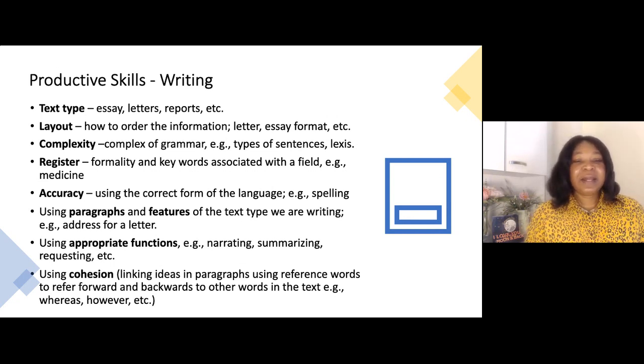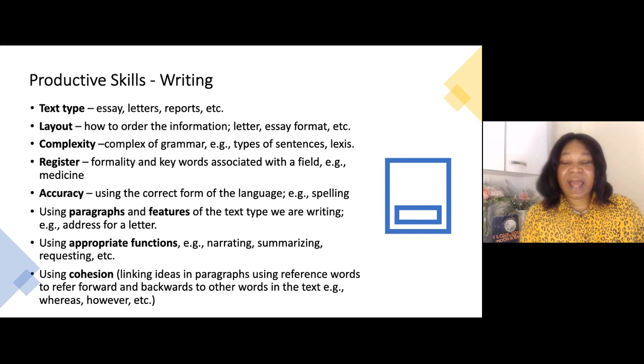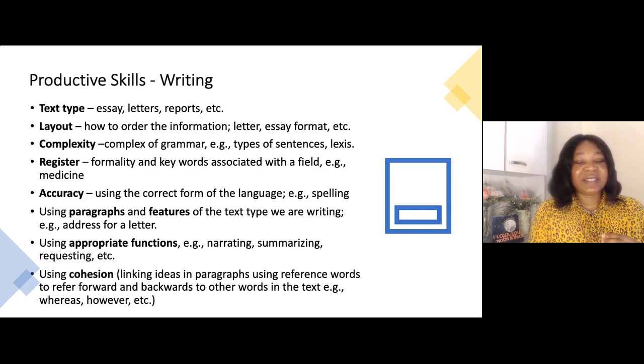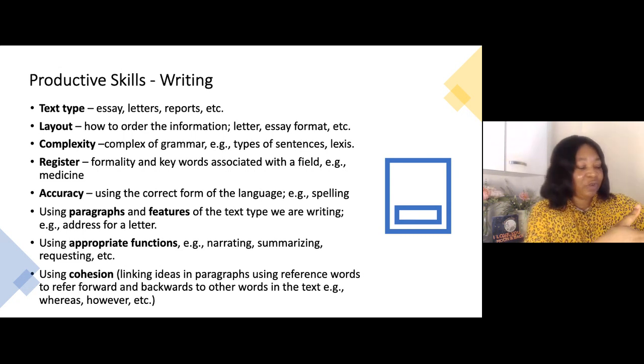Then, how correct is the language, the spelling, the grammar, the paragraphs, the use of cohesive devices like and, but, the use of coherence, the way you structure the sentences inside paragraphs and then paragraphs inside the whole text.